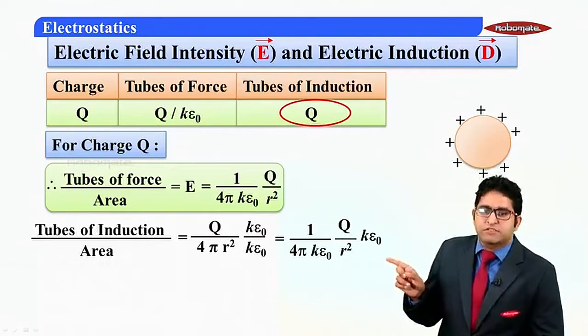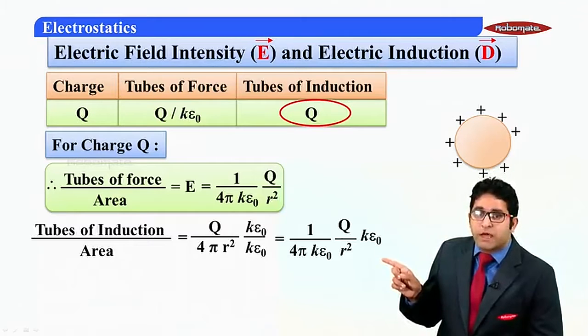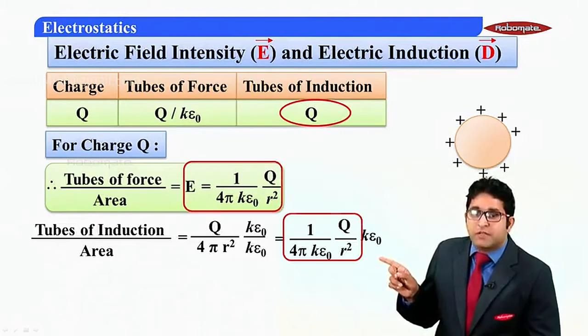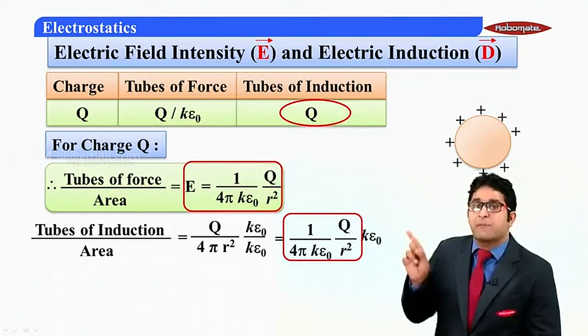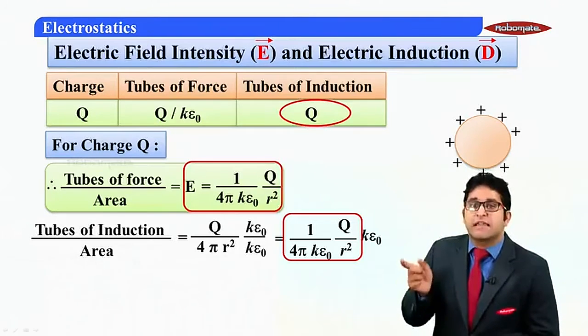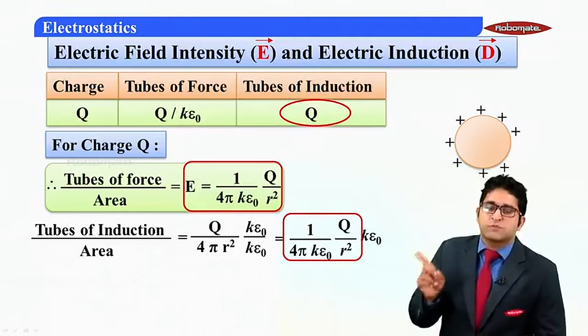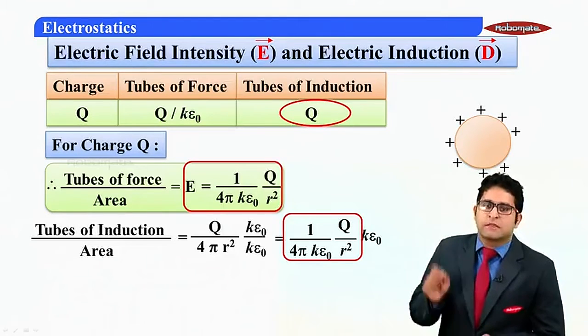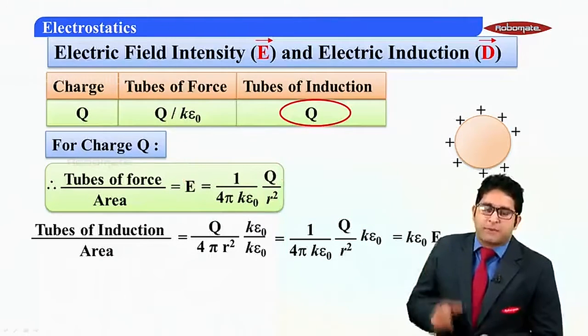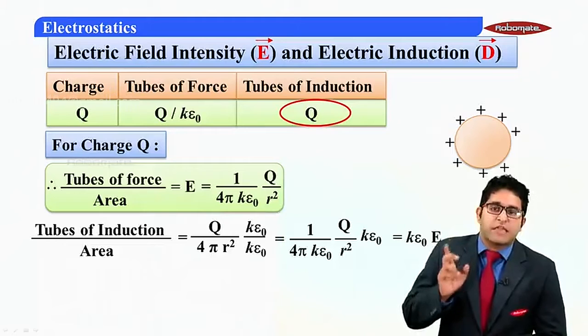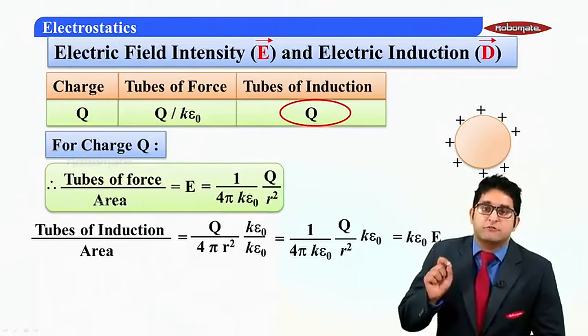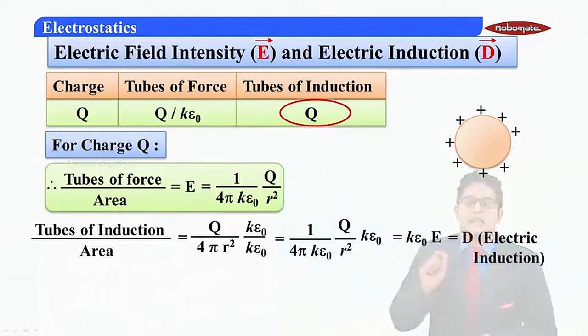Now look at this particular term, that is 1 by 4 pi k epsilon naught into capital Q upon small r square. It is nothing but capital E, which is electric field intensity. So this particular term can be written as k epsilon naught into capital E. And this term k epsilon naught capital E is equal to D, which is nothing but electric induction. So what is electric induction?